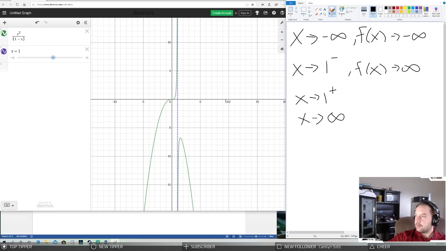As x approaches 1 from the positive, it's going down forever. So that's going to be negative infinity. And then as my x goes to positive infinity forever, it's going down. So negative infinity.